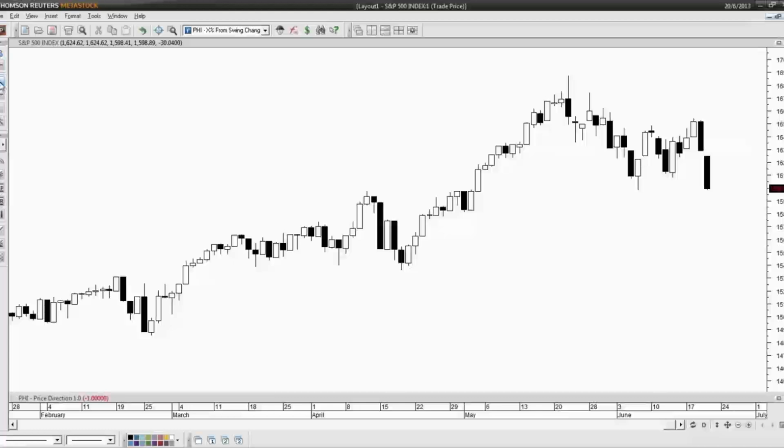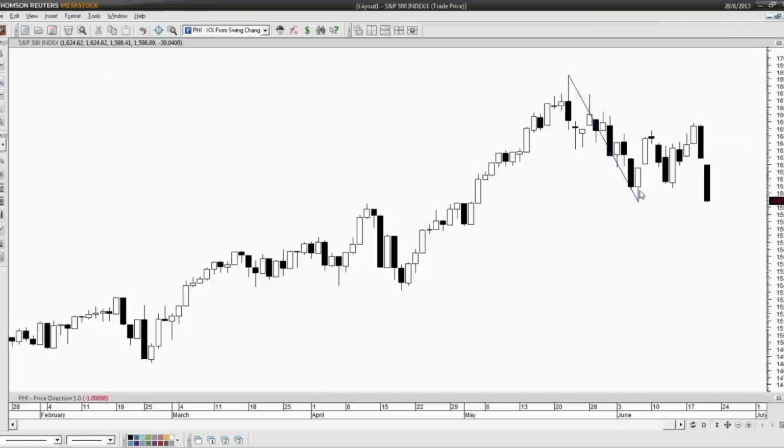So the market came down. Now it went up, then down, got you in. So over here we had a failure swing for up. It hit your stop loss over here.